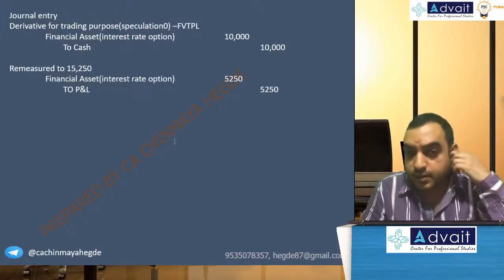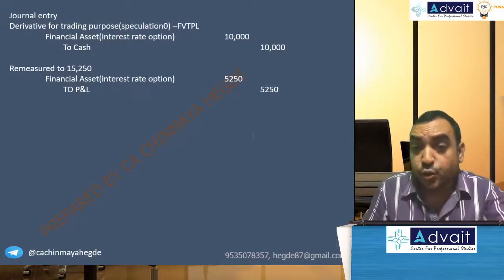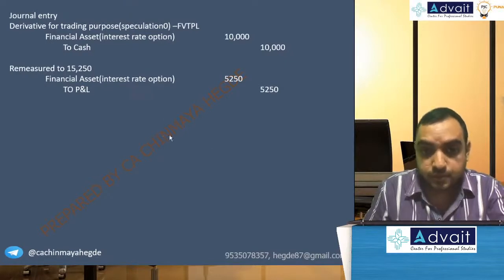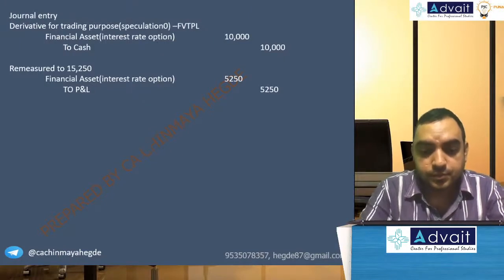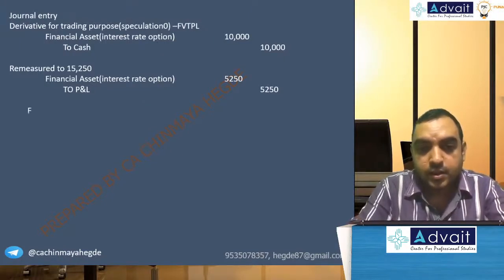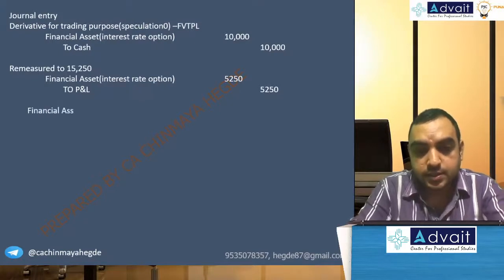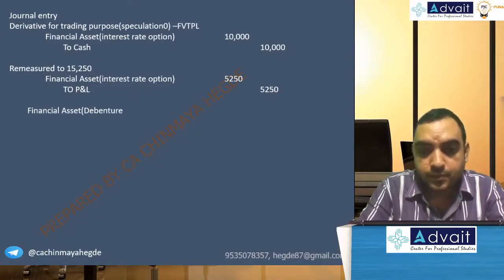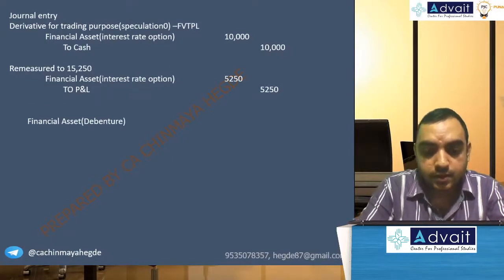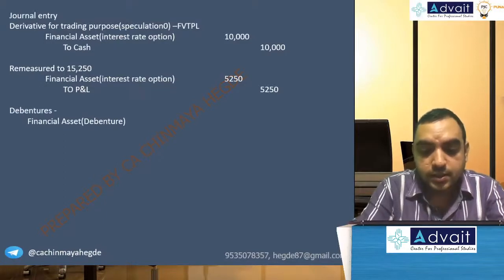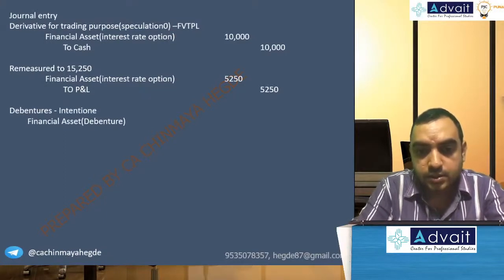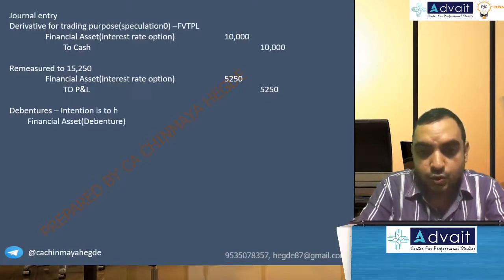Then 6% debentures, but the intention is to hold till maturity. So the intention is to hold till maturity, so amortized cost.